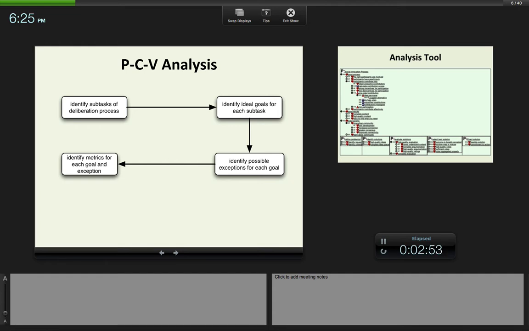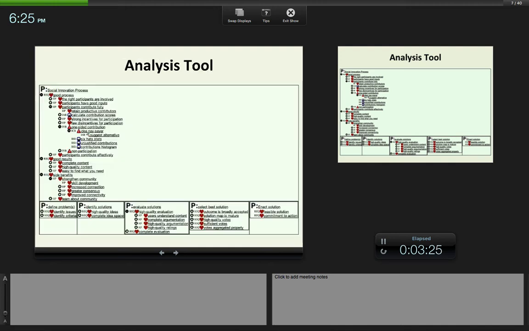This analysis works by first identifying the subtasks of the process we're concerned about, in this case deliberation, and then identifying which goals would ideally be satisfied by each of the subtasks in this process, then identifying the ways that each goal could possibly be violated, and then finally identifying analytics which are able to assess the progress towards each goal as well as the occurrence of each exception.